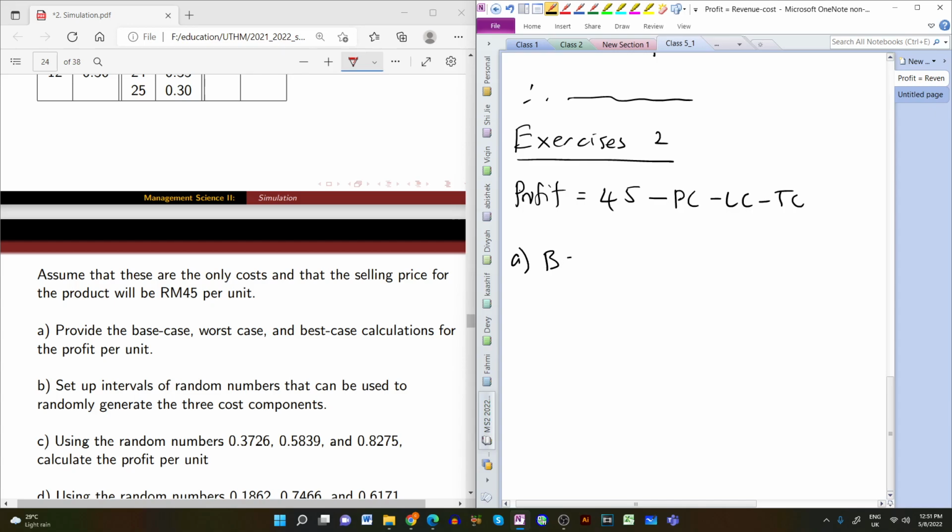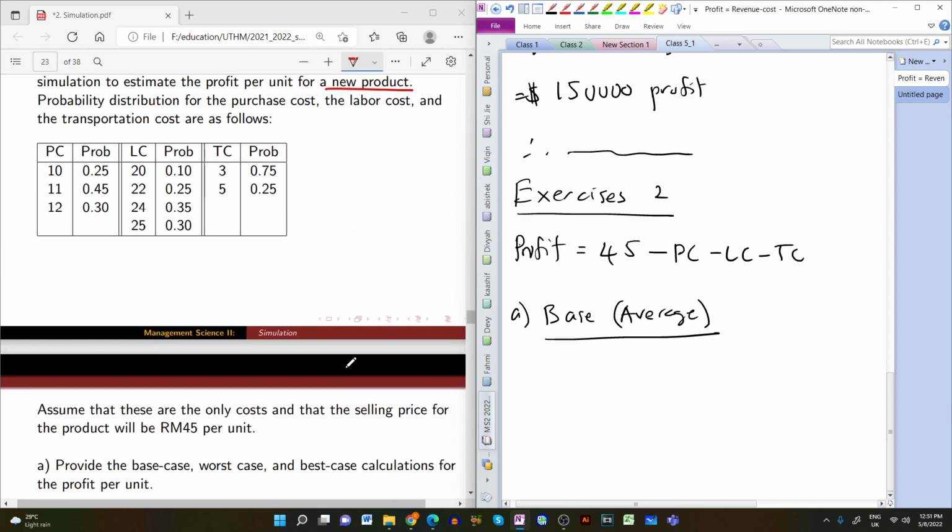For the base case scenario, you take the average of everything. So if you take the average here, you add all: this one is 33, divide by 3, you get 11.